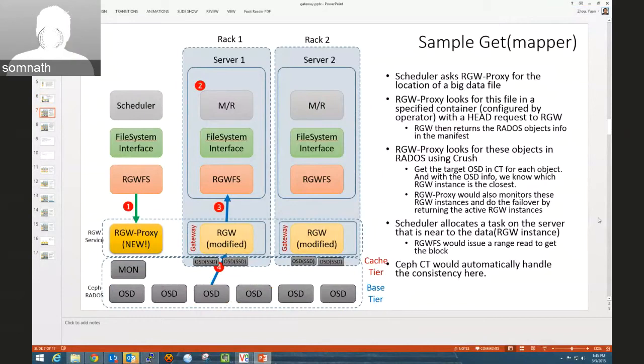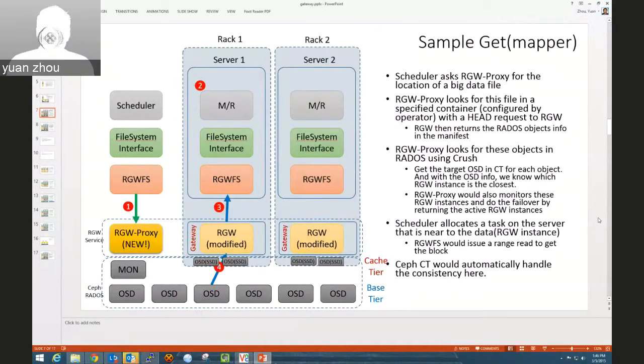Got it. Thanks. And that mapping from the OSD's IP or OSD ID would happen somewhere in RGWFS, where it knows what all the RGW instances are, and it has the mapping, and it knows which RGW gateway is the closest. Yeah, we can maintain some mapping table in RGW-Proxy, either by IP address or some user-defined rules.